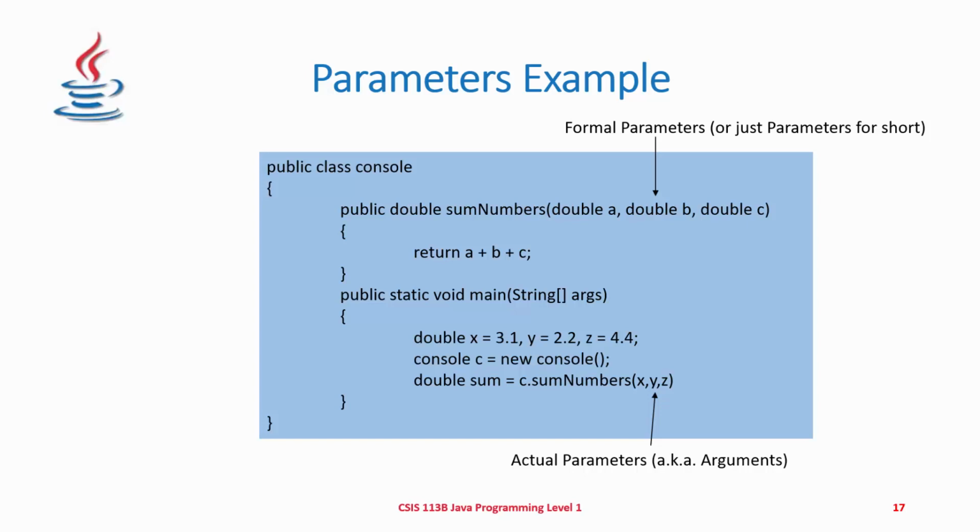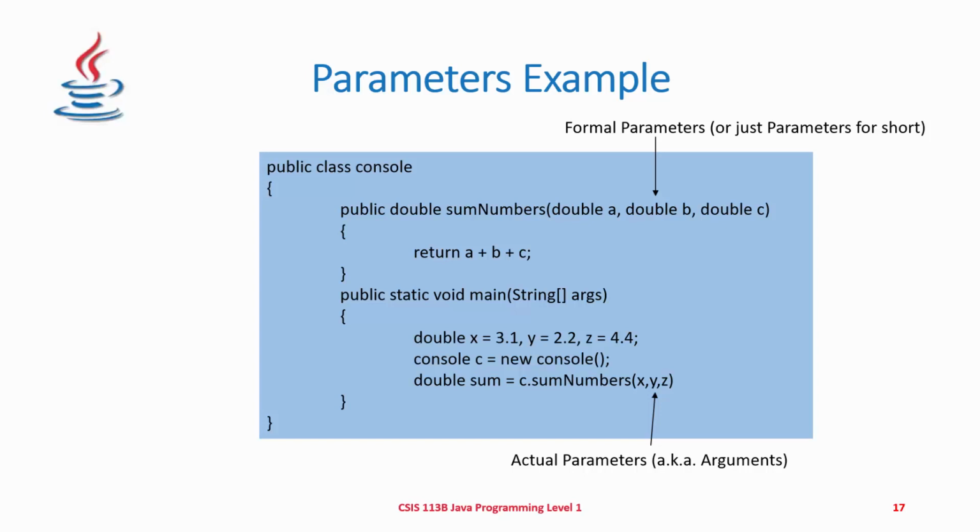The first value that gets passed into sum numbers will be considered or assigned the variable A. The second value that's passed into it will be assigned the variable name B, and the third would be the variable name C. So you can see this is a simple statement inside of the method. We're just simply adding those three values together and then returning that back to the caller. So that's why it's called sum numbers.